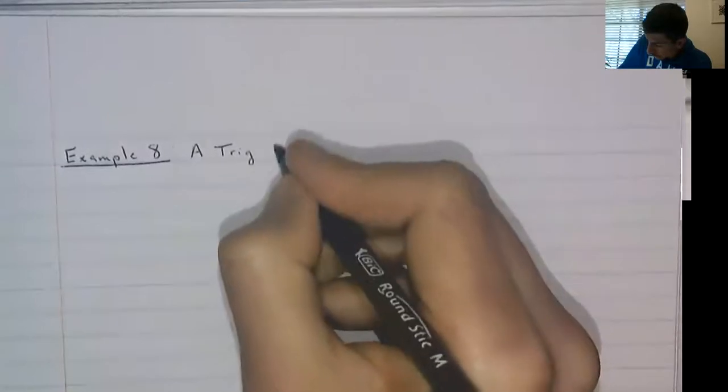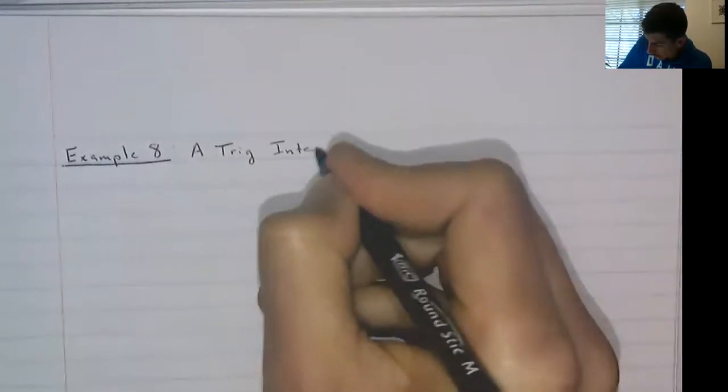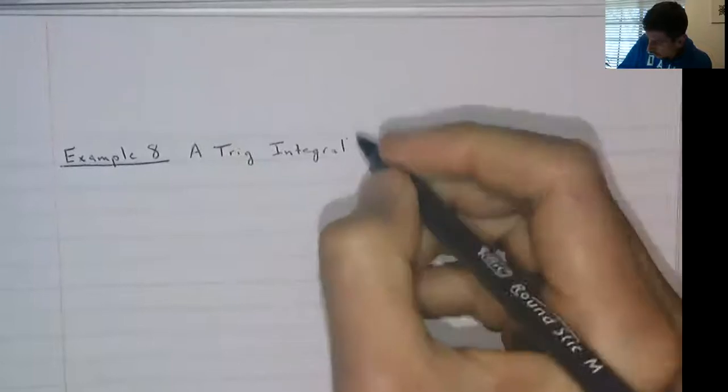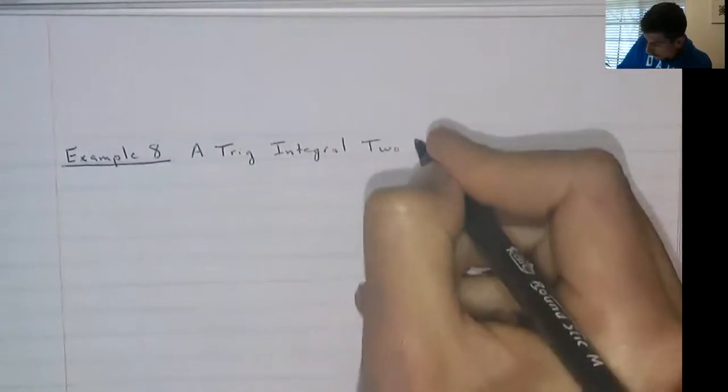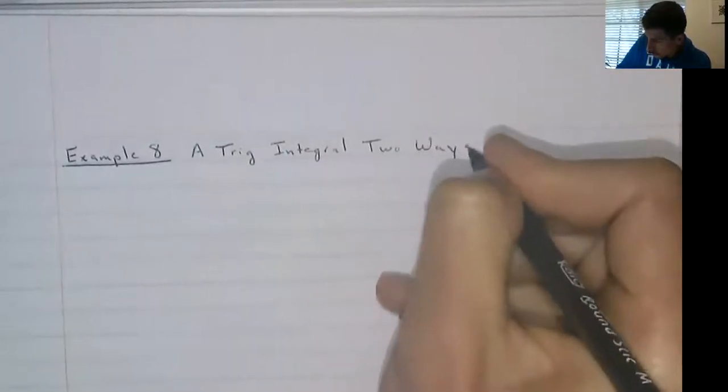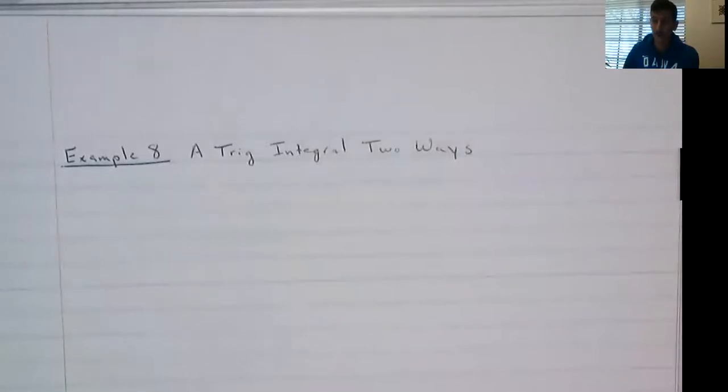Get used to that word. The book has not yet dropped this word integral on you, but that is what we will very soon be using to refer to antiderivatives. So a trig integral 2 ways.